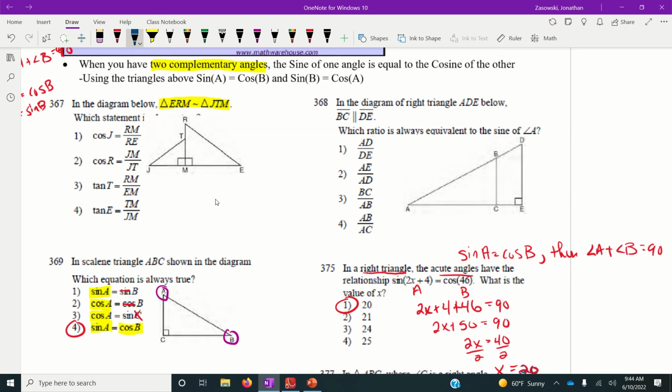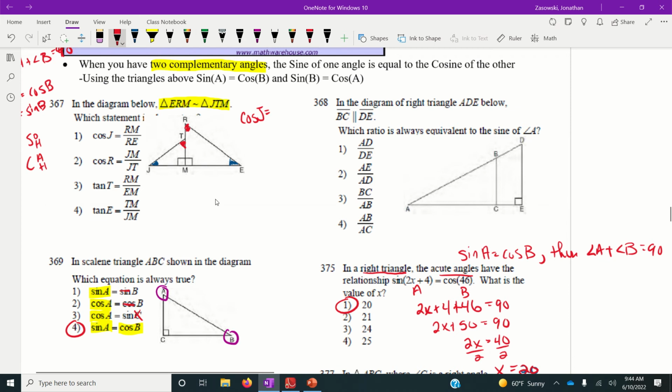We would know that since the triangles are similar, angle J is going to be equal to angle E, and angle T is going to be congruent to angle R, because those are the corresponding angles. So if we were to figure out what the cosine of J is in this small triangle, we remember with SOHCAHTOA that cosine is adjacent over hypotenuse.